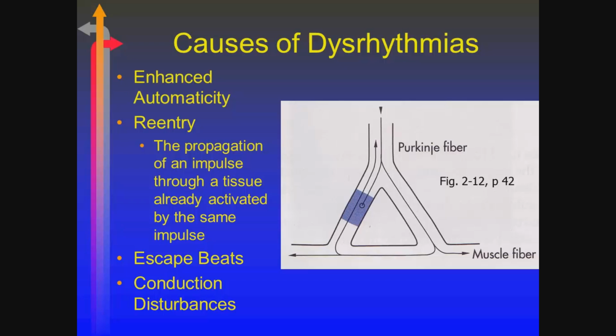So an irritable atrial focus can come down, innervate through the normal pathway, but also come back around and innervate itself again. That's what leads to those kind of tachycardias that you end up seeing with SVTs. It's called a circus motion.